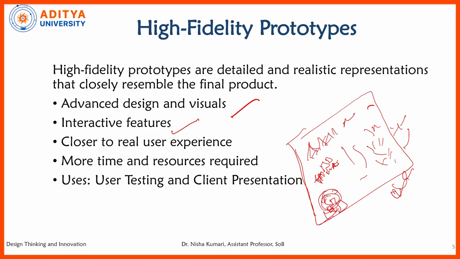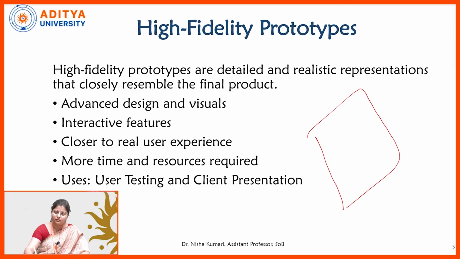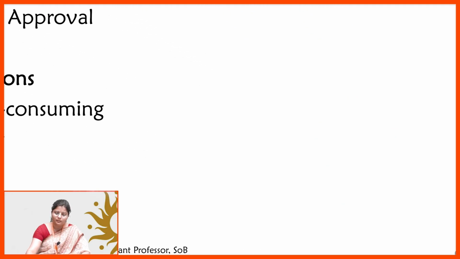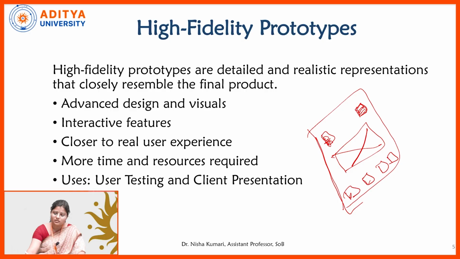For example, say you are creating an app. As we mentioned previously, we made it like this as your low fidelity prototype. Now if you are turning it into high fidelity, here we will create the icons. For example, this icon is for the profile, this icon is for more information, here will be your search part, your home page, and your other details likewise.